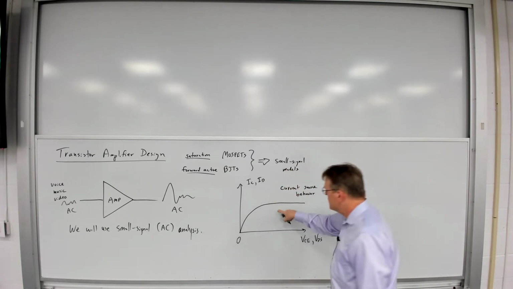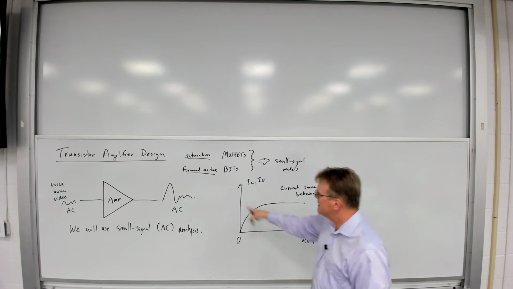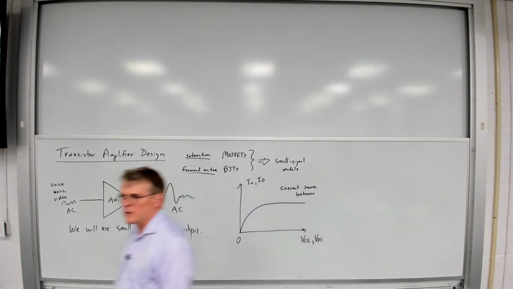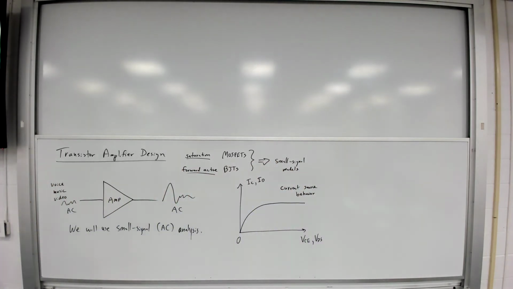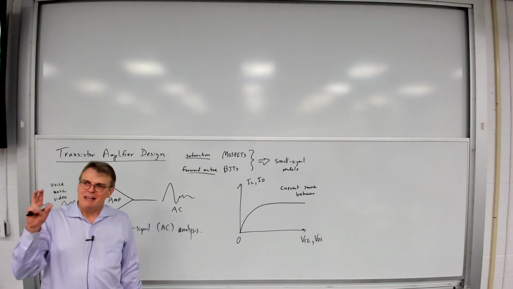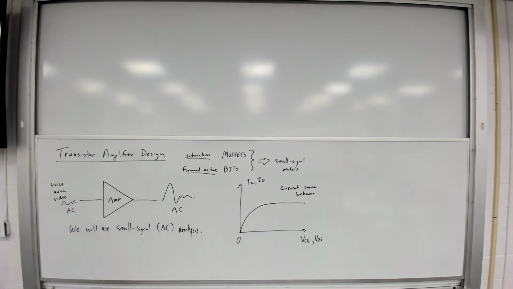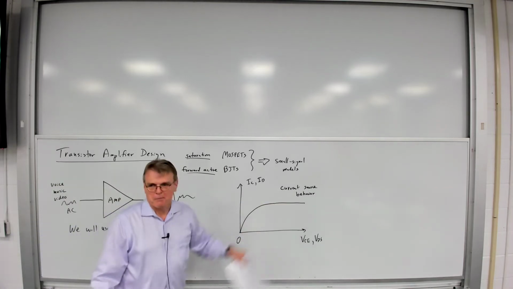So this region for a MOSFET corresponds to saturation. This region for a BJT corresponds to the forward active region. So that's what's going to be our focus. For building amplifiers, we're not normally going to deal with the ohmic region in transistors or with the saturation region because those make terrible amplifier circuits. But we can make very good amplifier circuits out here.